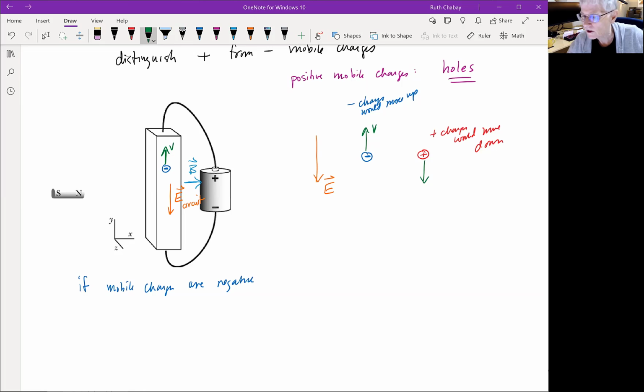And so we'd actually end up with electrons piling up here on the front surface of this bar. So the front of this bar would be negative and the back of the bar here would be positive. So that's how the bar would polarize.